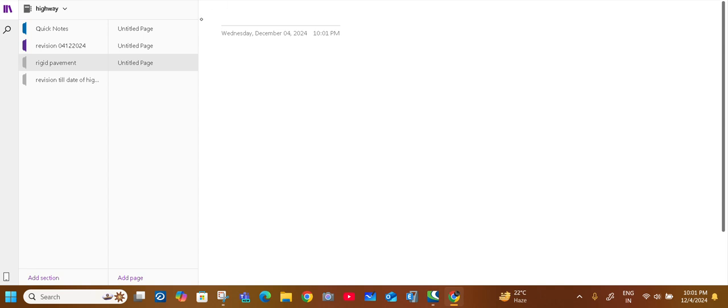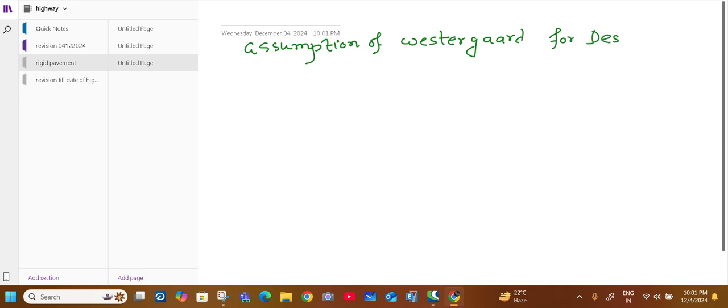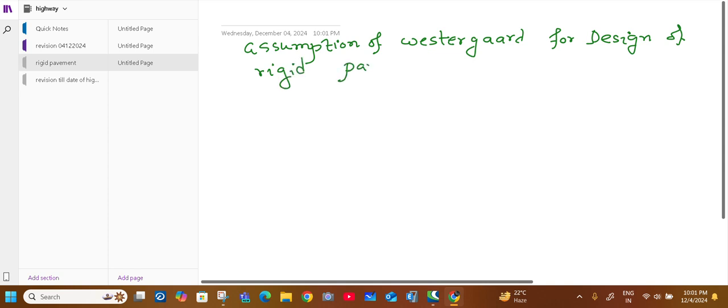So there are certain assumptions of Westergaard for design of rigid pavement.